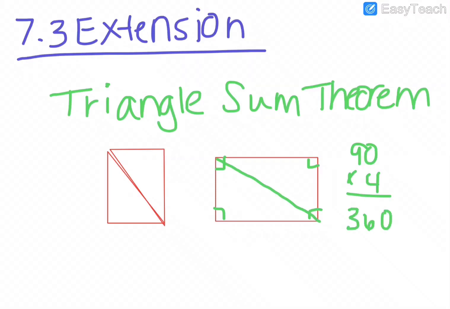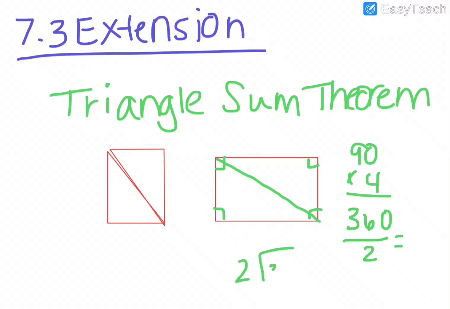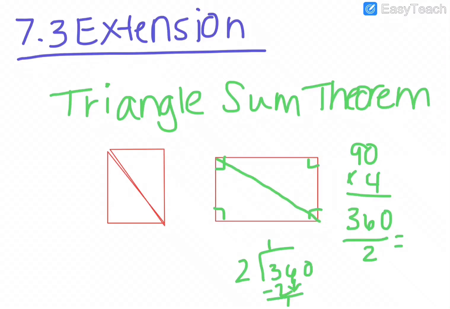So if you're cutting that in half, you're dividing 360 by 2. That would be 180. Okay, so the sum of the angles in a triangle is 180. This is one of the ways that you can prove it.